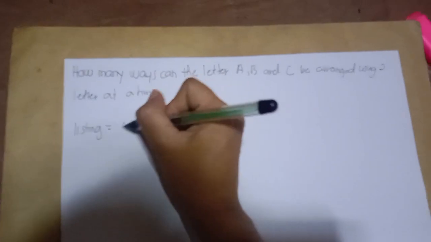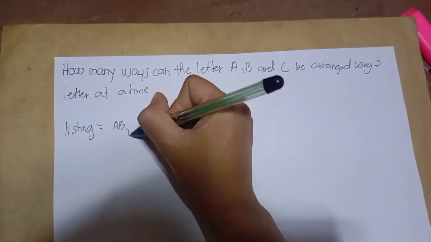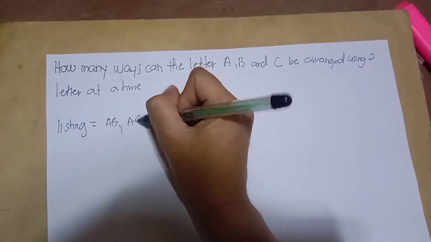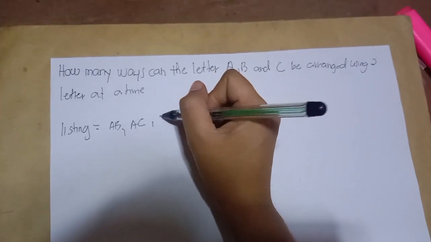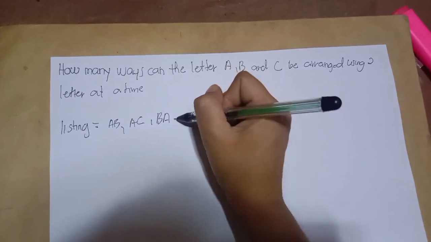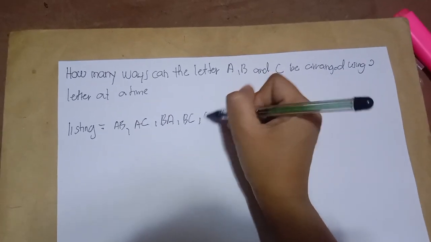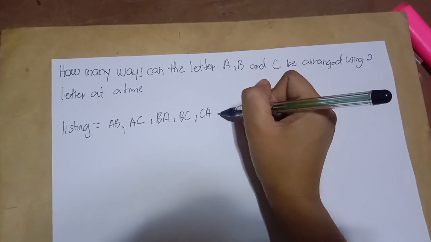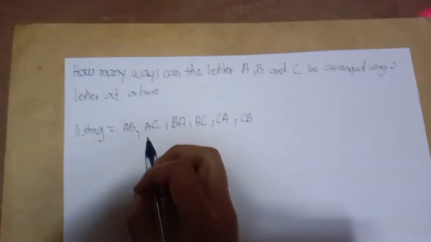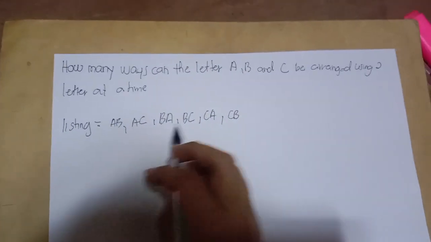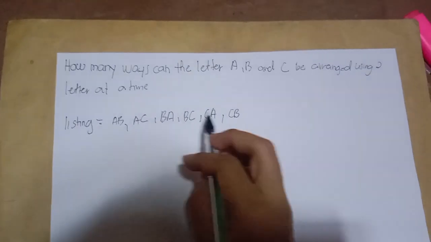So first is AB, then AC, then BA, then BC, CA, and CB. When you see it, the letters are not repeated.